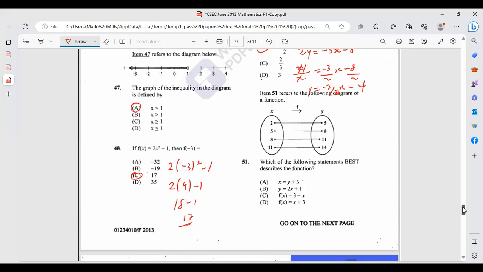What do we do each time here? We add 3. So the only answer here would be D. Now remember that f(x) is the same as y, so y is equal to x plus 3.